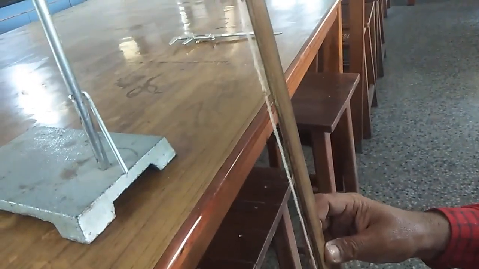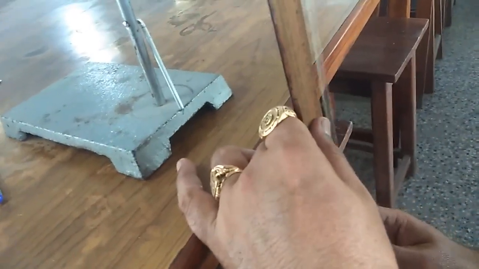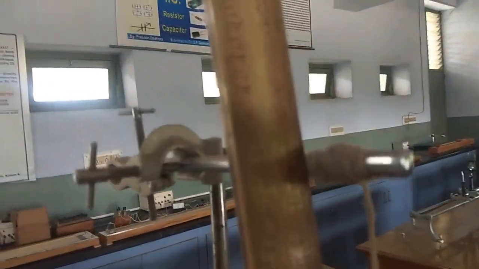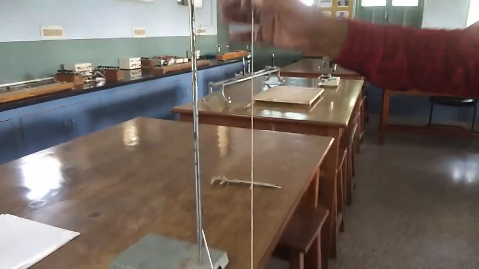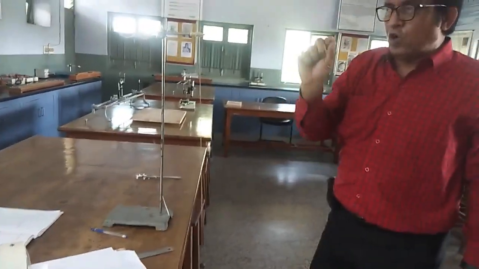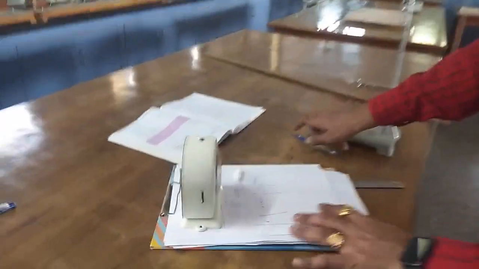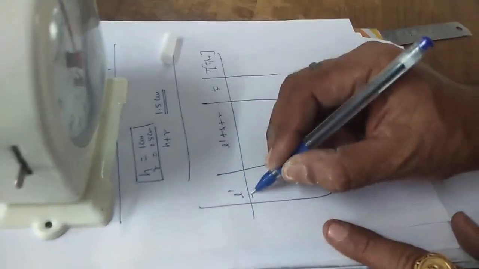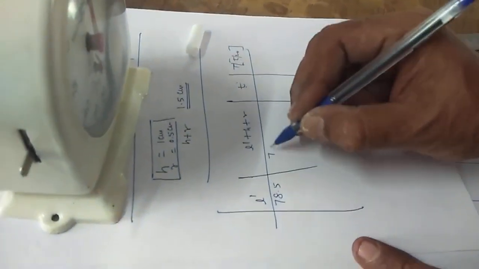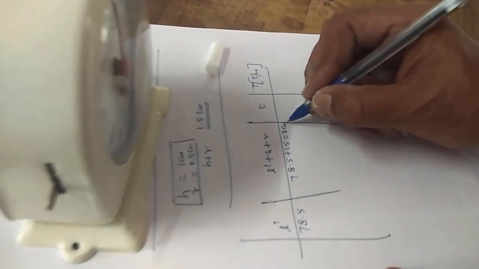So we will raise it a little more now. Here now see that the length, yes, okay, 78.5, yes, this is the 78.5 centimeter length of this thread, and 1.5 is the length of the hook of the bob and the radius of the bob. So that total comes out to be L dash 78.5 plus 1.5, that is 80 centimeter.